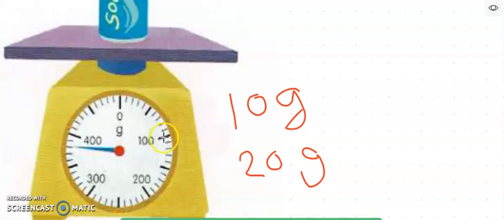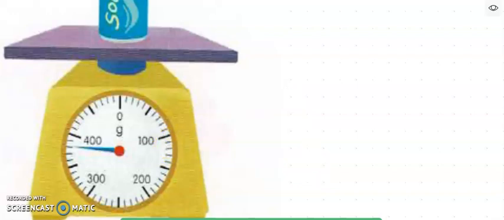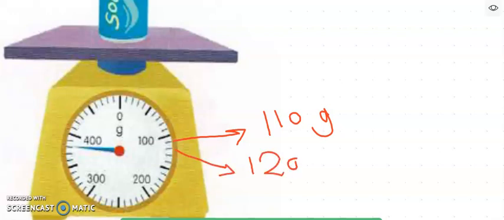And if we go further from this to the next small interval, we have 110. So this small interval is 110 grams, right? And this one is 120 grams. And as you see here, we are talking in grams because this scale is in grams.